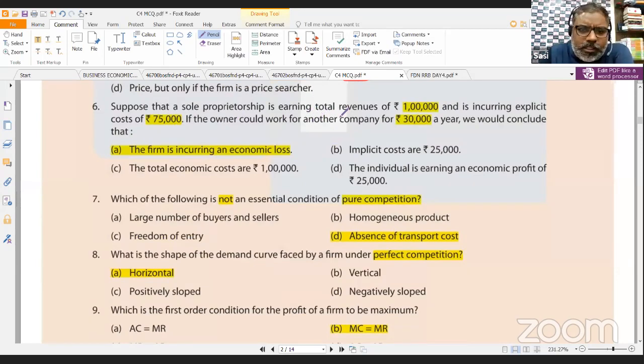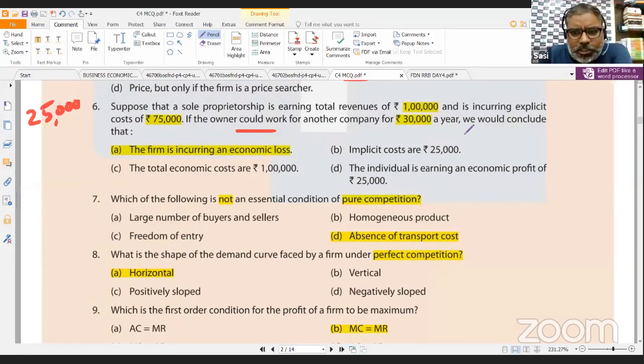Suppose the sole proprietorship is earning a total revenue of 1 lakh and incurring an explicit cost of 75,000. That means, first of all, how much is the accounting profit? That we should first find out just for understanding. 25,000 rupees is the accounting profit because revenue is 1 lakh, explicit cost 75,000. The owner could work for another company at 30,000 a year, but that is not happening.